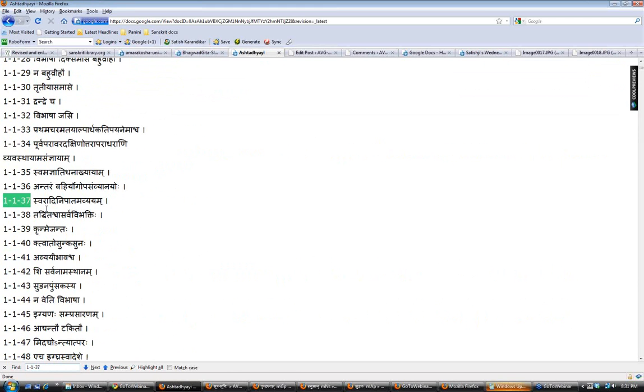Swaradi Nipatam Avyayam, Taditascha Sarva Vibhaktihi. This sutram gives the Avyaya Sanya, because this is a Pratipadikam. You have to bring in the Pratyaya Sup, etc. But Taditascha Sarva Vibhaktihi. Again, not going into details today.